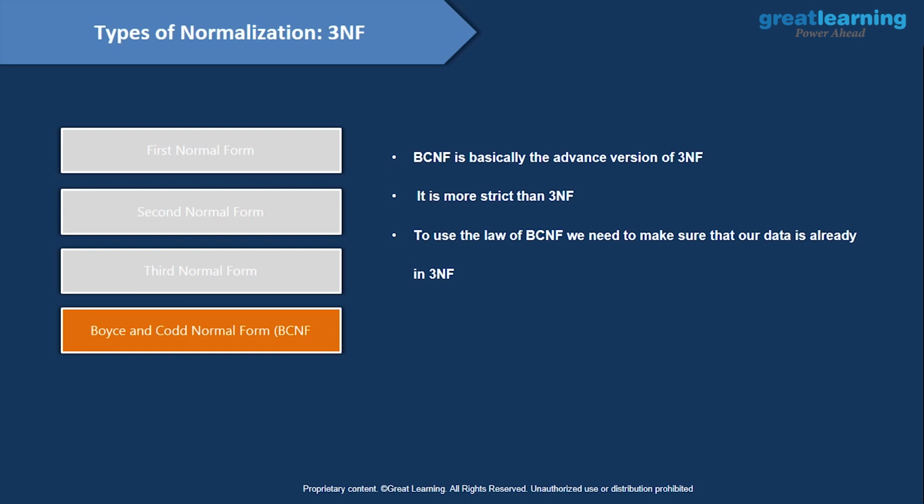So what's the chain rule basically? The chain rule is you start with first NF, then you maintain the first NF rule, then you go for second NF, and when you have applied all the rules for second NF, then you go for third NF. And when you have already implemented your 3NF, then only you are allowed to apply the BCNF rule to your data.